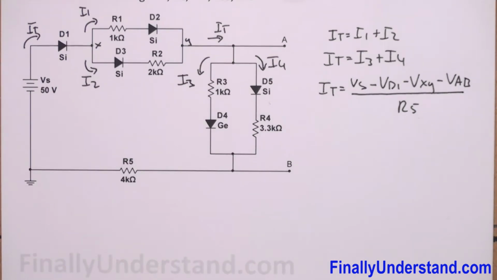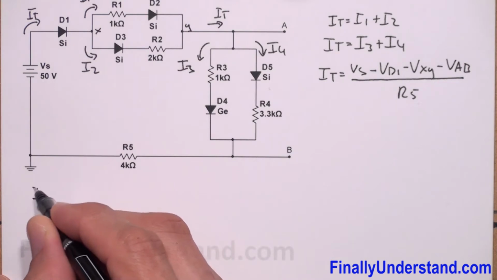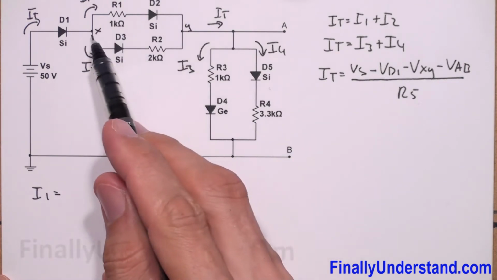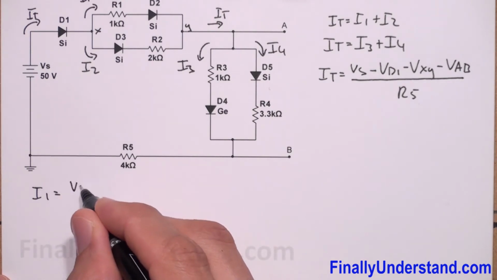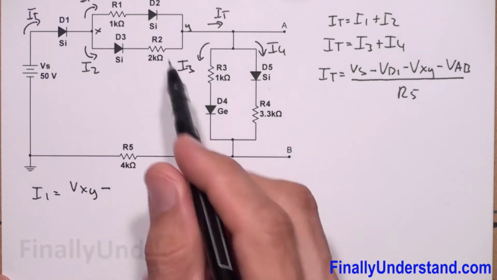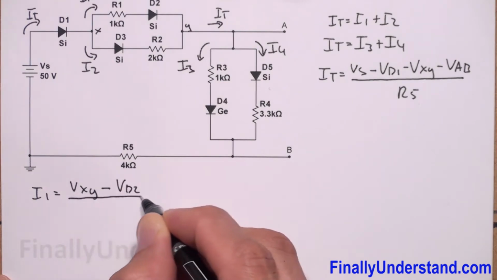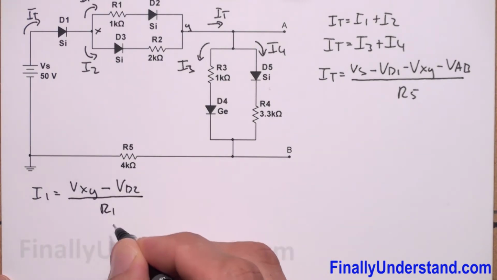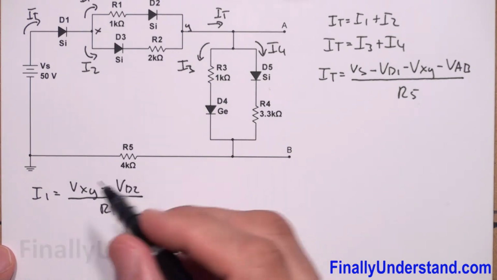So let me write down the formula for I1. I1 is equal to VXY minus VD2 over R1. Okay, so this is my formula for current I1.